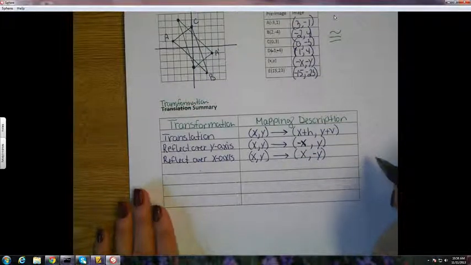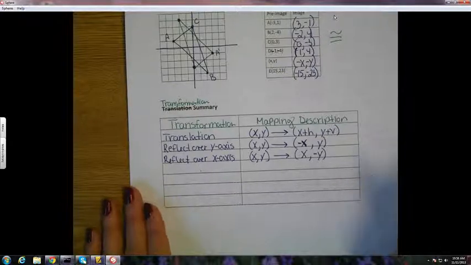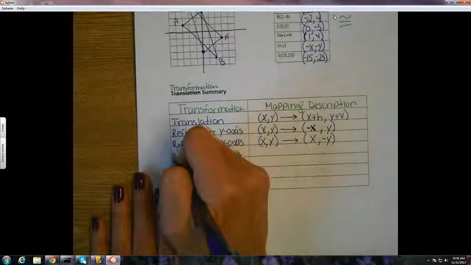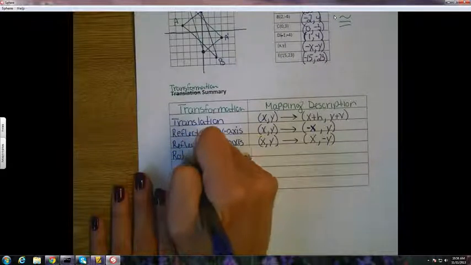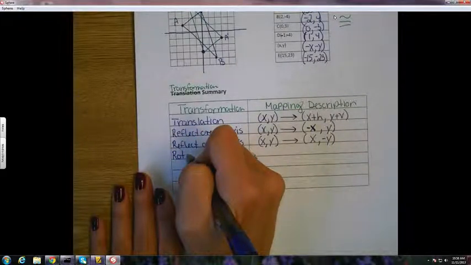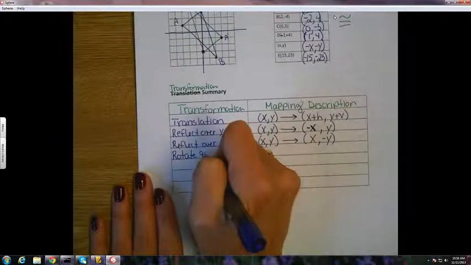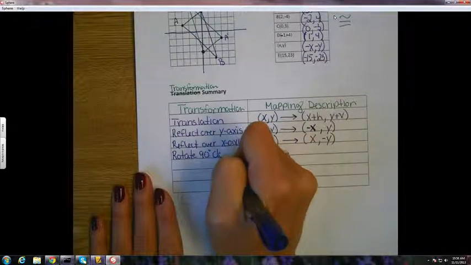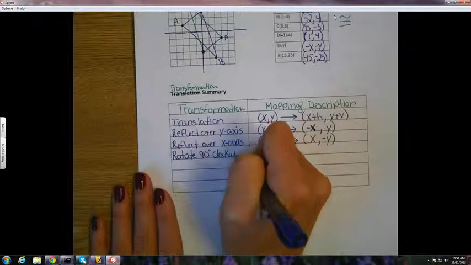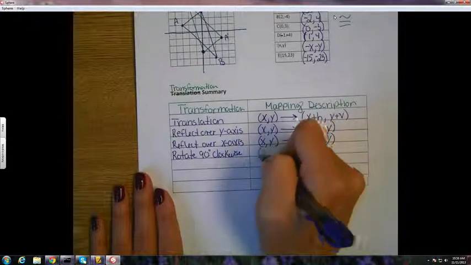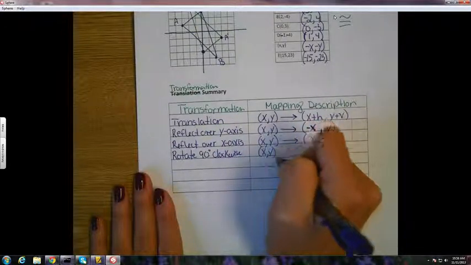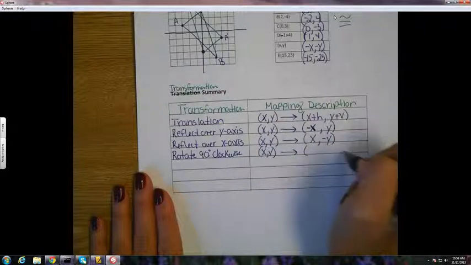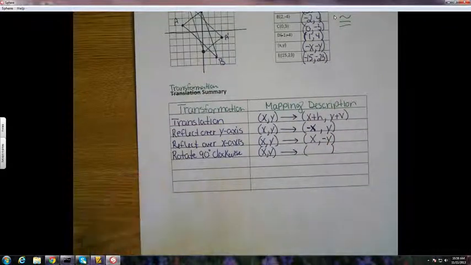Then we did the rotations. I think the rotations are the hardest ones to remember. So rotate 90 degrees clockwise. The two 90 degree ones, the x and y switched places, and then each one had a different one that changed.